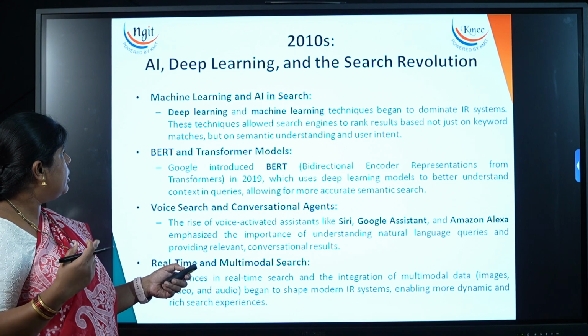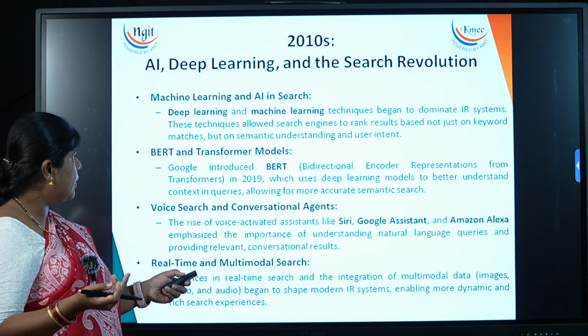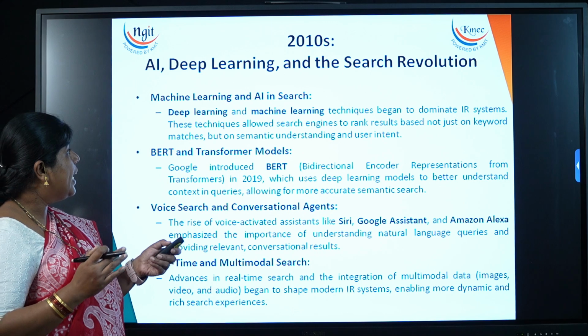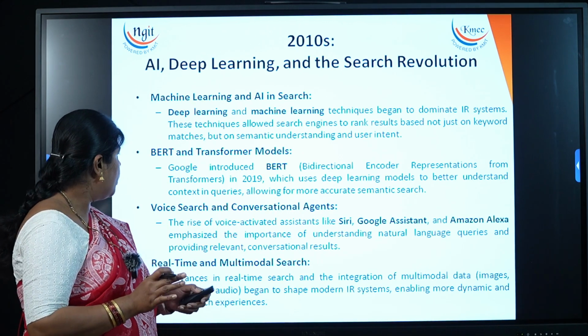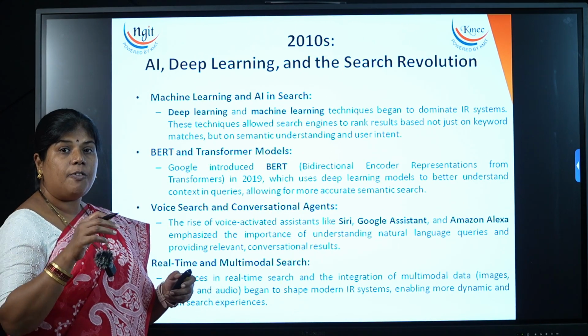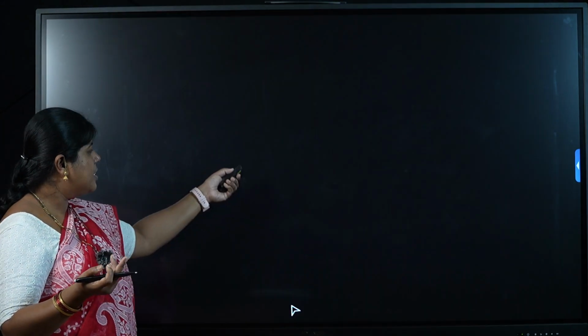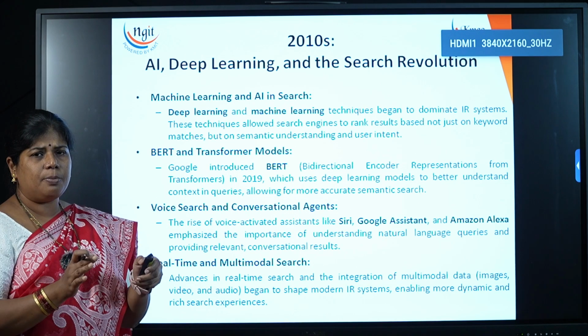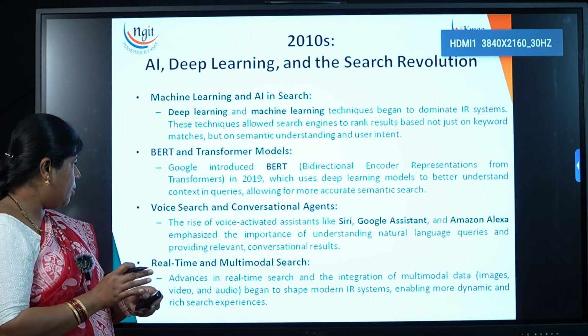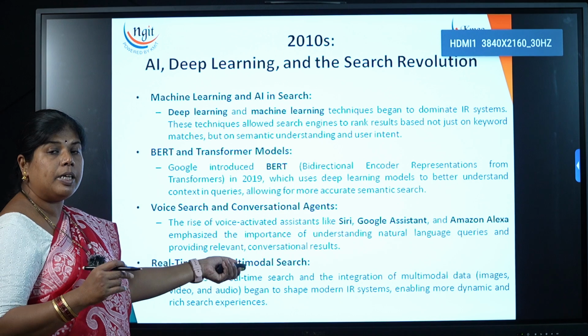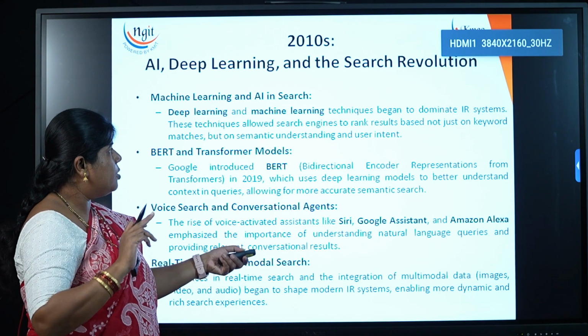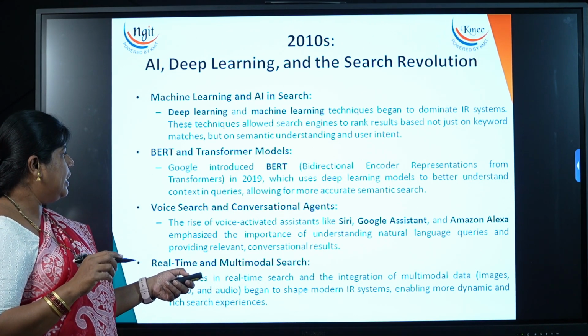Then in the next decade, AI came into account. Here word encoding using an embedding layer was possible. That is in our BERT model or the transformer model we have done, and even voice search and multimodal search were possible because of AI and deep learning.